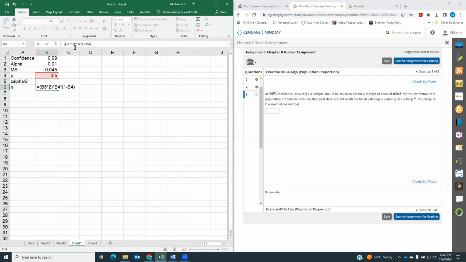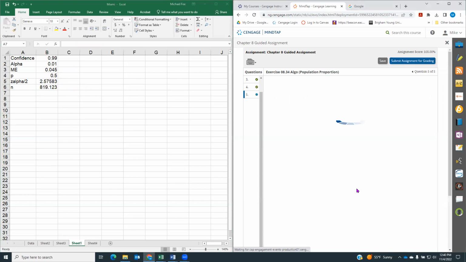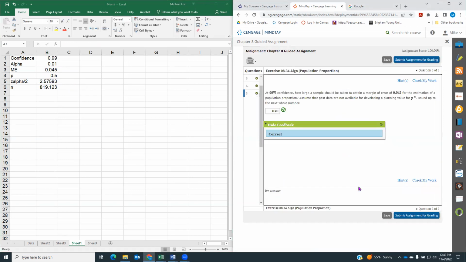I'm going to actually put parentheses all the way around that. And then we'll divide that by margin of error squared. That gives us 819.123. So it says round up to the next whole number, 820. Check our work, and we're good.